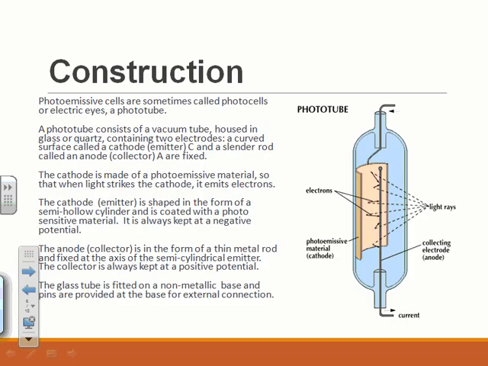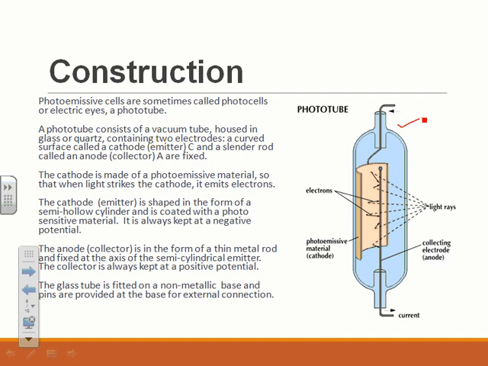Then let us see the construction of the photoemissive cell. It consists of a vacuum tube housed in glass or quartz containing two electrodes.